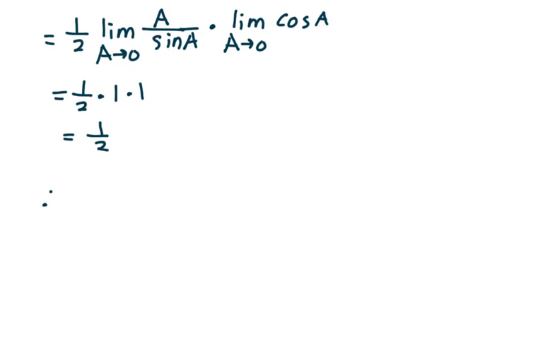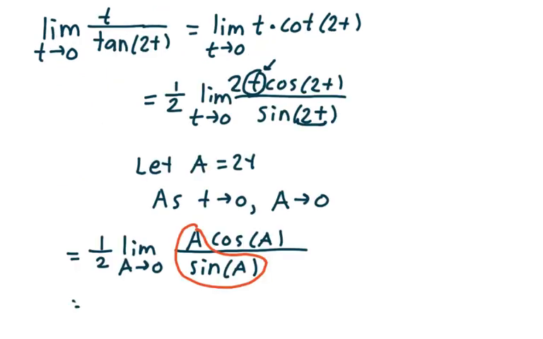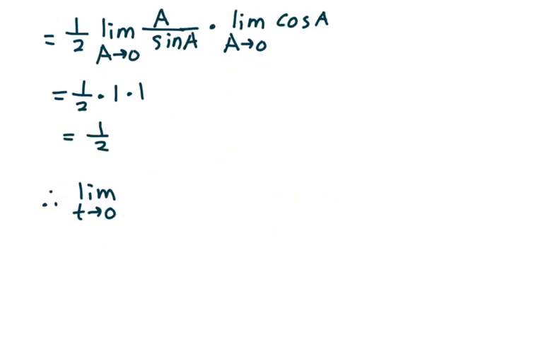And so therefore, the limit as t goes to 0 of t over tangent 2t is equal to 1/2. Now, here's the neat part. All I have to do is cube both sides.